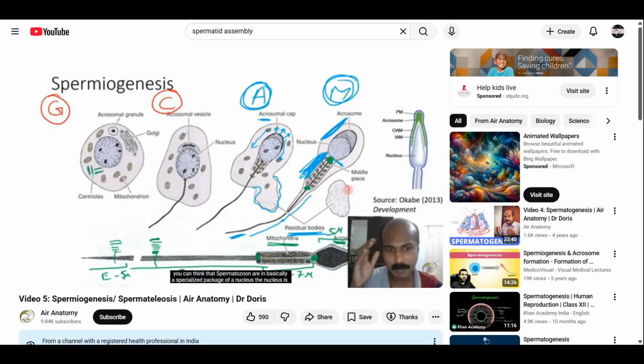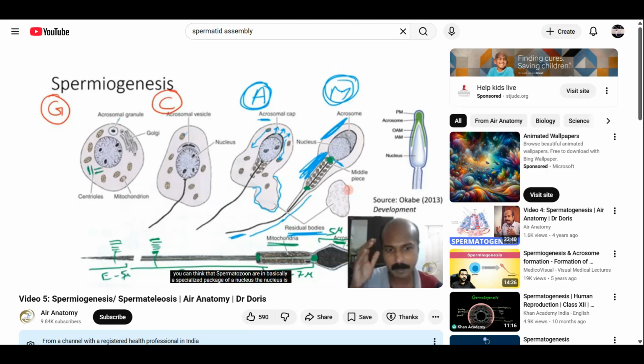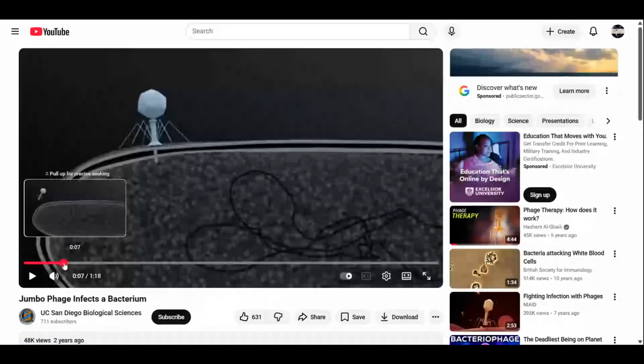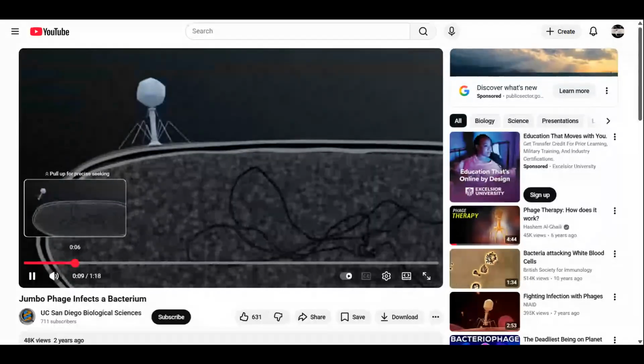By having to dissolve the cell wall, that is a brute force mechanism, exactly as how this bacteriophage is doing. This is a brute force.